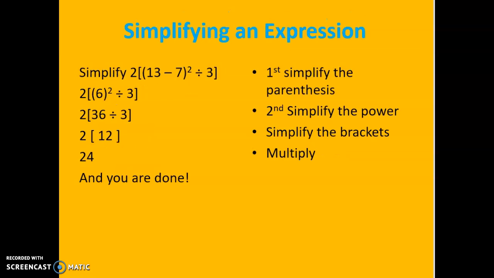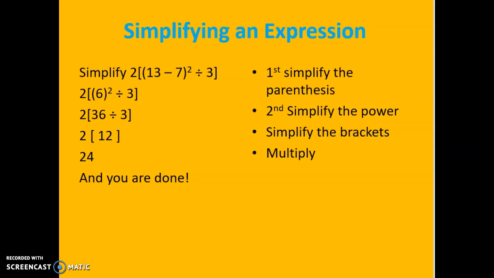All right, here is another example of simplifying an expression. Again, on this one though, we have several different grouping symbols. Remember, in the order of operations, we always do parentheses first. In this case though, you're going to see parentheses and brackets. We do the parentheses first, then the brackets, and then if there was a third grouping symbol, it would be braces.